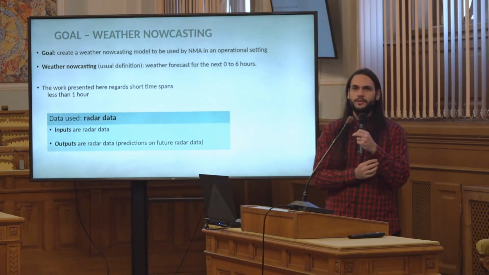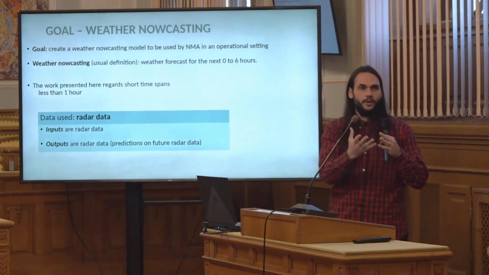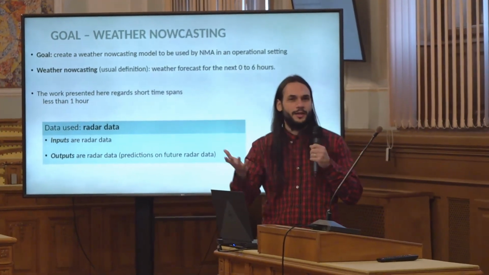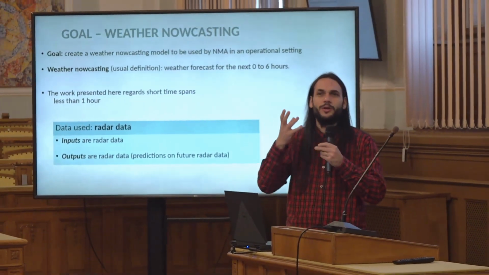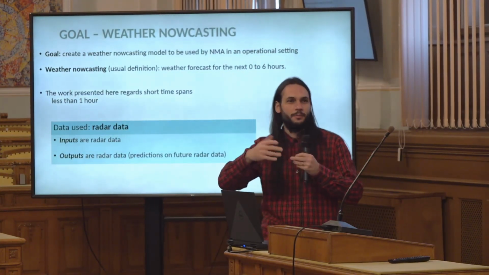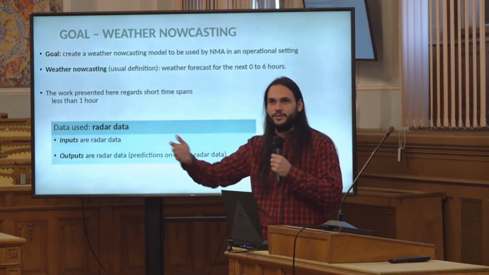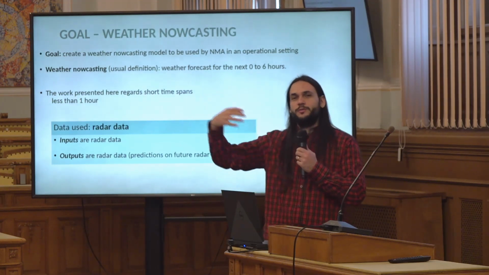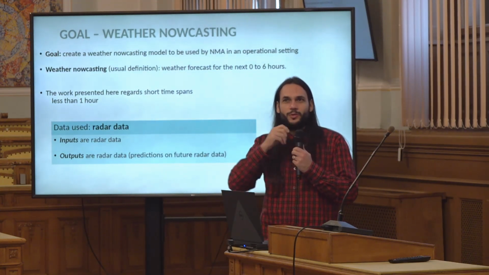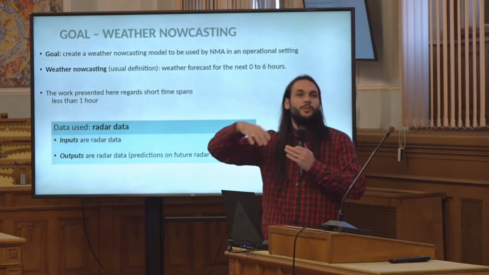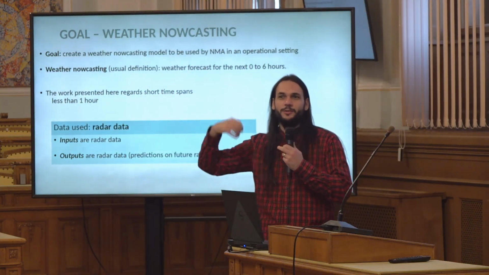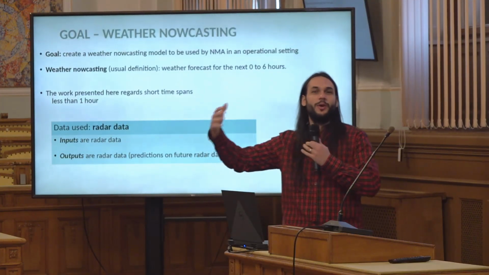So how this works is that operational meteorologists gather the data from the radars, and they use that data to understand what is happening and make their predictions. So the purpose of the nowcasting models that we're creating is to predict what the radar would read slightly in the future, to help them.